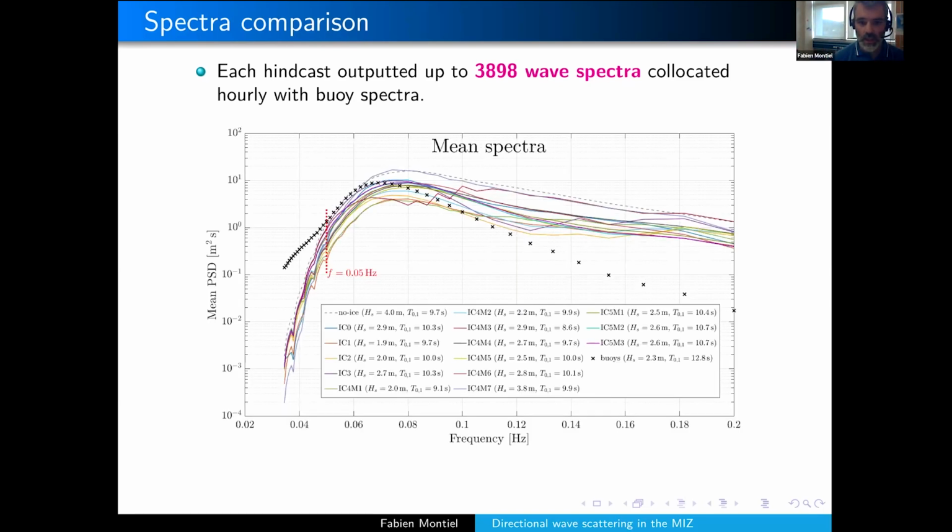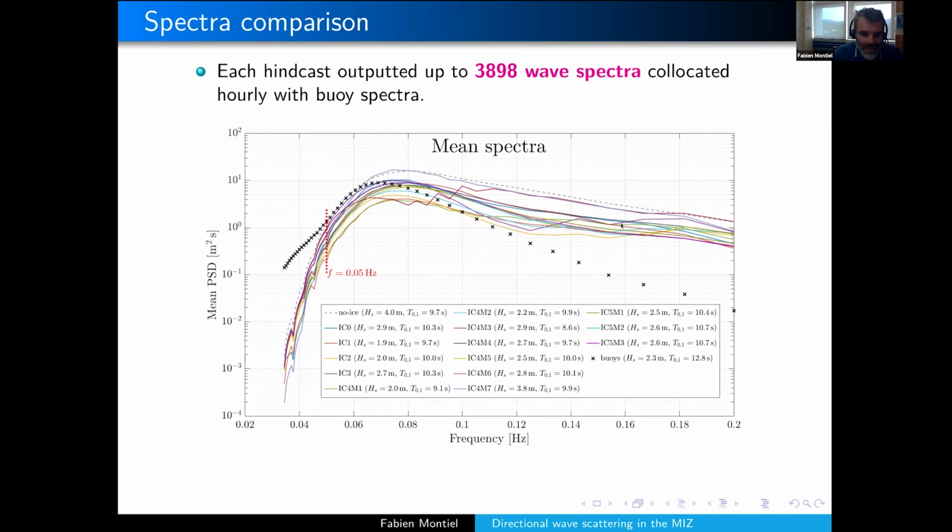So here, this is just the average spectrum. So for each wave frequency, just the average over these 3,898 values. And already something interesting is happening here. So the data from the buoys is these crosses, and then you have all these different models which are all over each other here.